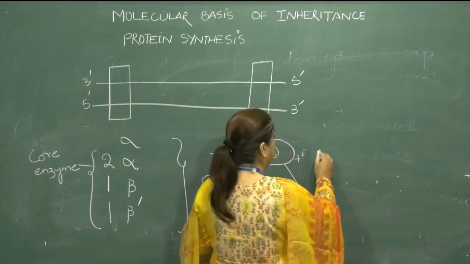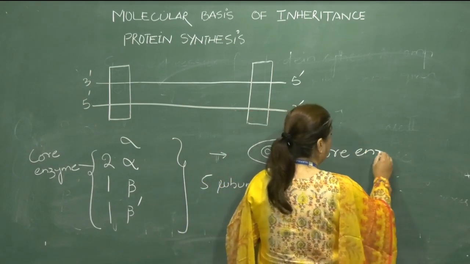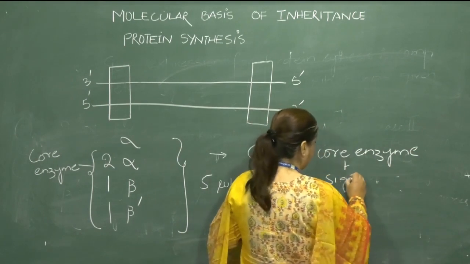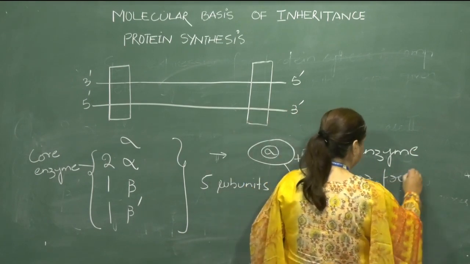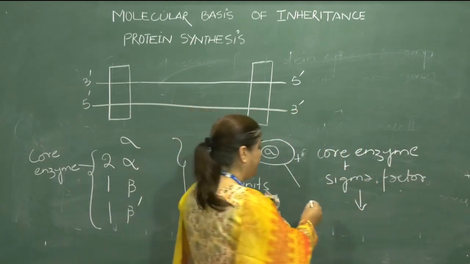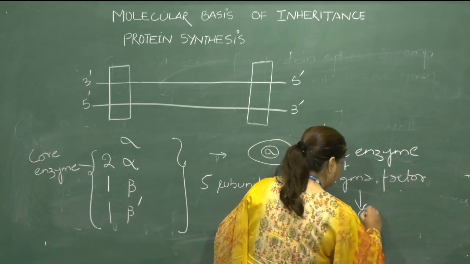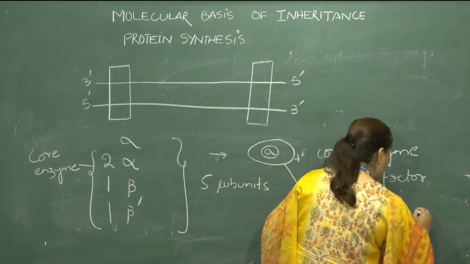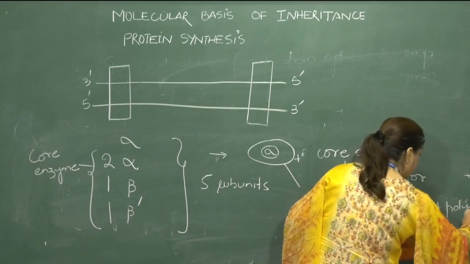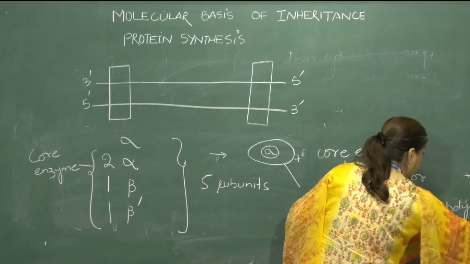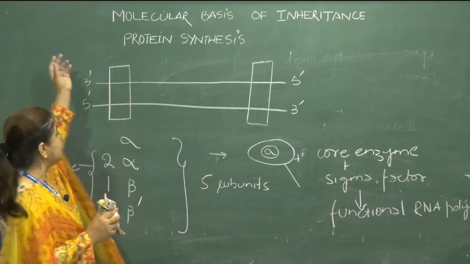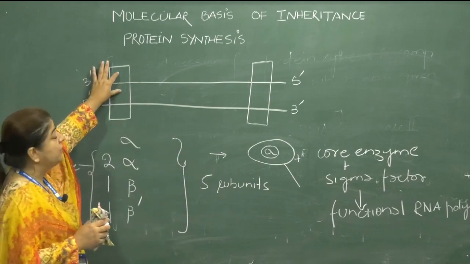We write the core enzyme plus the sigma factor makes functional RNA polymerase. Now this functional RNA polymerase has a capability, it can join to the promoter sequence.